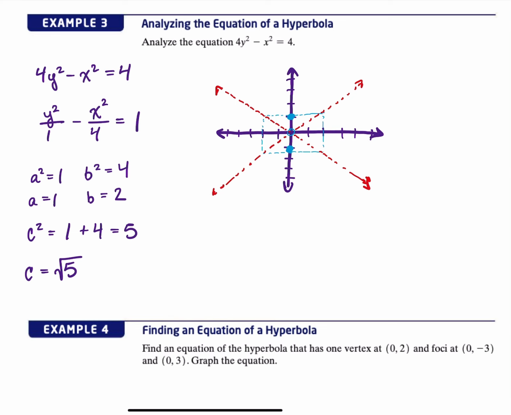So that will make our hyperbola branch upwards and downwards. So there's our graph. Now let's list our attributes. So center is at 0, 0.